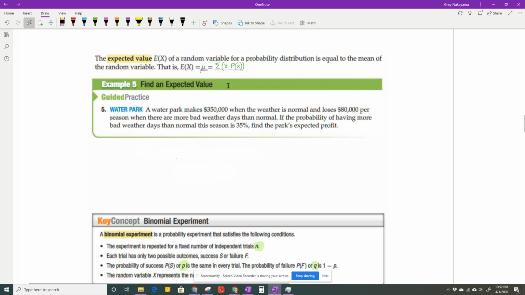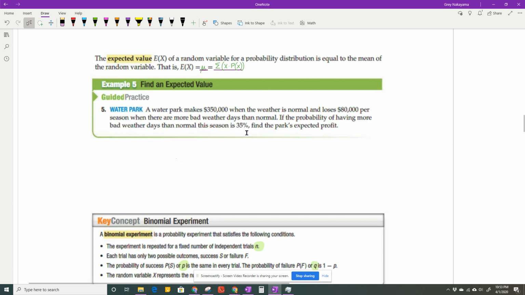A water park makes $350,000 when the weather is normal and loses $80,000 per season when there are more bad weather days than normal. If the probability of having more bad weather days than normal this season is 35%, find the park's expected profit.